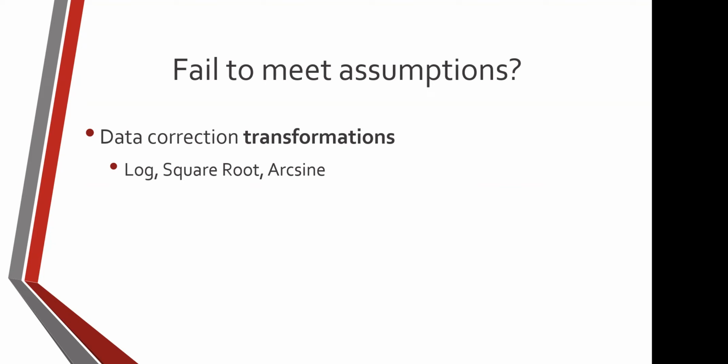The main ones that are used, first one being the logarithm transform. That's good to use for counts of things that occur in clusters, or from a distribution standpoint, when the data is following a log normal distribution instead of the normal bell-shaped curve.